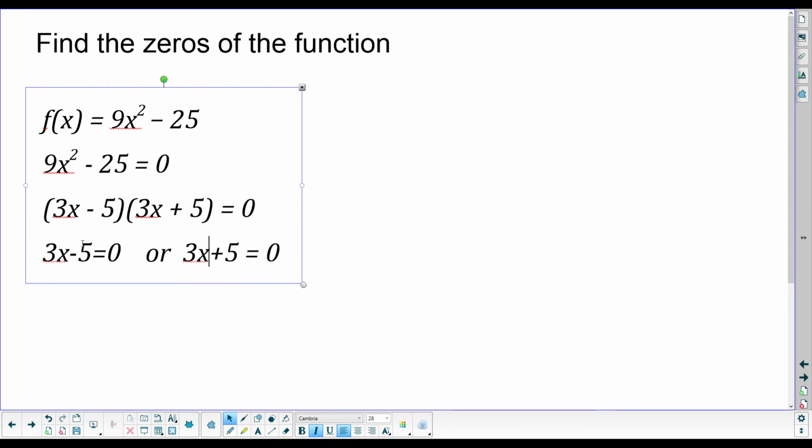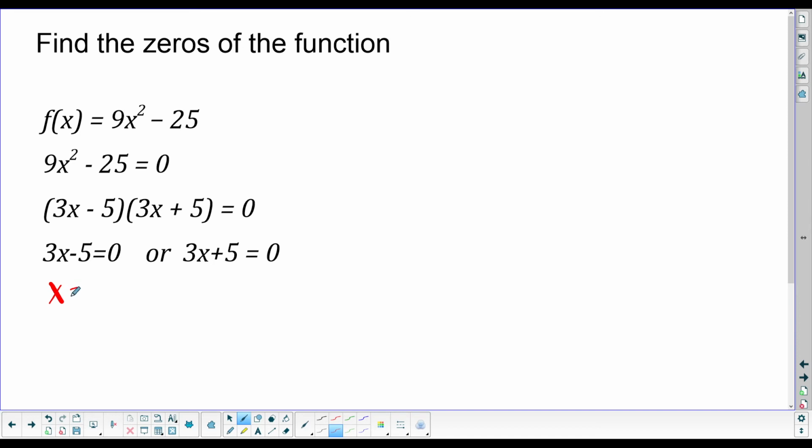And so if I solve these, if I add 5 to both sides and I divide both sides by 3, right, I end up with x is equal to positive 5 over 3. And likewise, if I solve this one, I subtract 5 from both sides, divide both sides by 3, I get x is equal to negative 5 over 3. Okay, so there are my zeros. So it's at 5/3, 0 is the first coordinate, and the other coordinate is negative 5/3, 0.